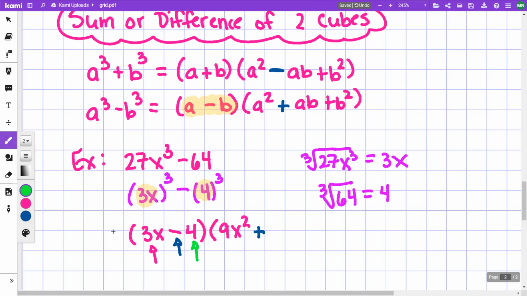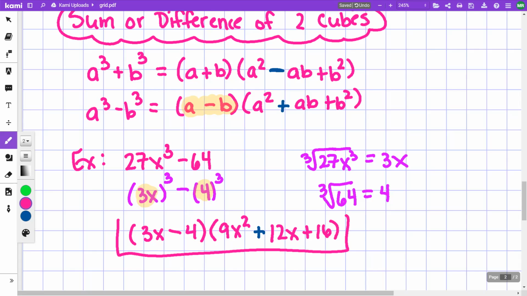I'm going to multiply these together, which is going to be a 12x. Then I'm going to square my negative 4, which is a 16. And that is my answer. That binomial times trinomial. And that's the end of these notes.